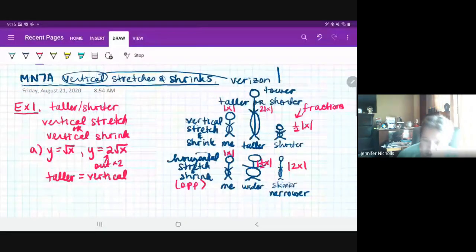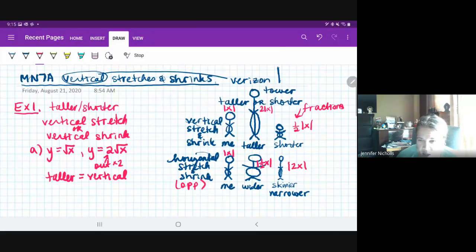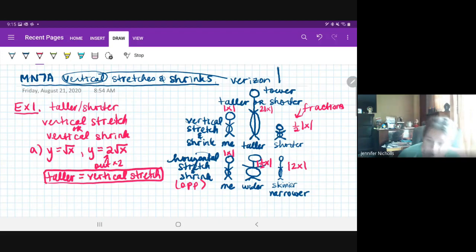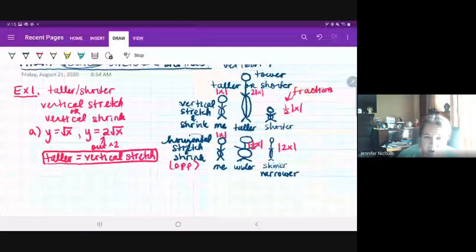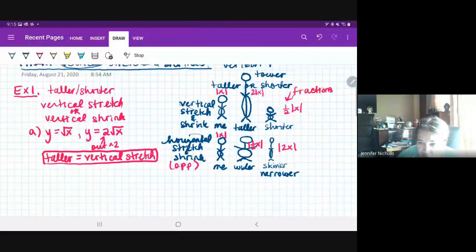Now, would that be a stretch or a shrink? Do you feel like you vertically stretched or you vertically shrunk? Do you feel like that's a vertical stretch? Yeah, that's a vertical stretch, and that's the official math word. So instead of making you graph, I'm thinking that maybe I'll have mostly that you just label, so you can get used to the vocabulary. Okay, and then maybe I'll have you graph like 2, so you can see it in action.